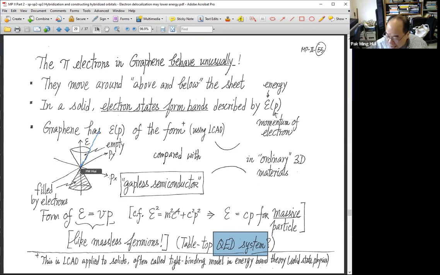Right? So you have epsilon proportional to p. So it looks as if, relativistically, the electron suddenly becomes a massless fermion. Now, it is real electrons. It is the environment that this real electron lives in, the two-dimensional flat layer of graphene, that makes it behave like mass equals 0, but they are fermions.